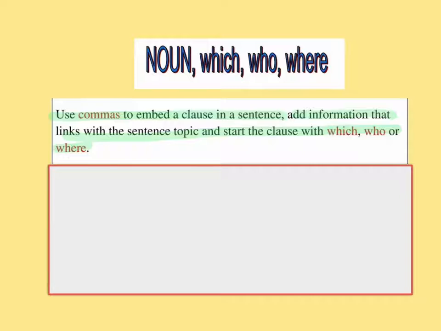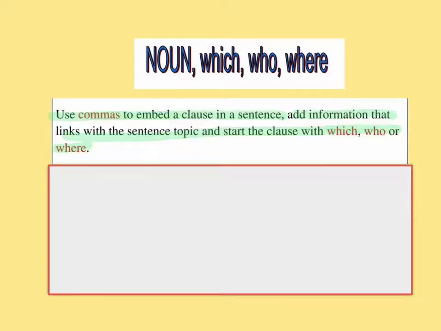I have a who, I have a what, and I have a full stop, and it does make sense on its own. What I'm going to do is break this sentence that makes sense on its own in the middle. I'm going to break my sentence right after the noun. My noun is Miss Sheikh Bahai, because she is a person. So I'm going to break my sentence there, and I'm going to embed a clause. That means I'm going to add information after my noun.